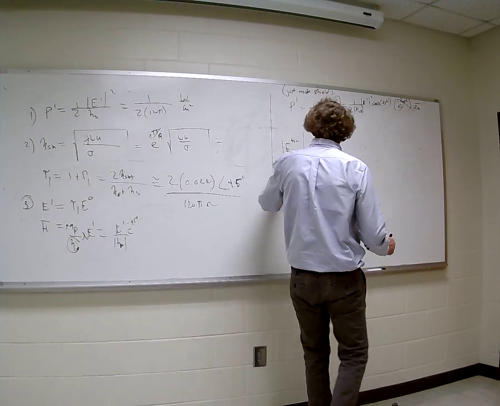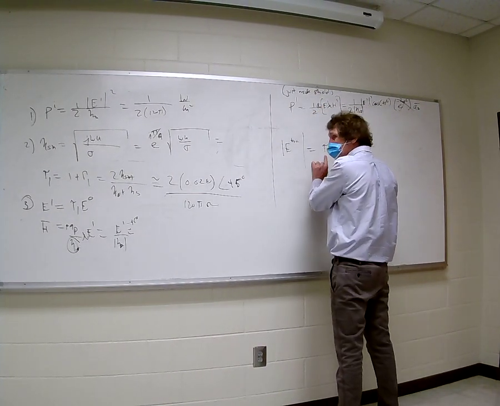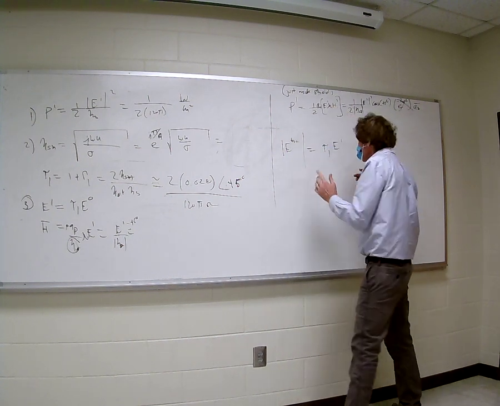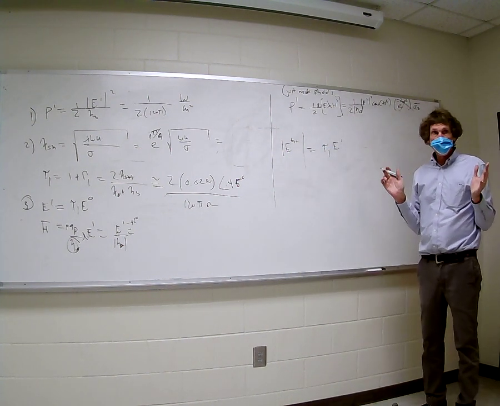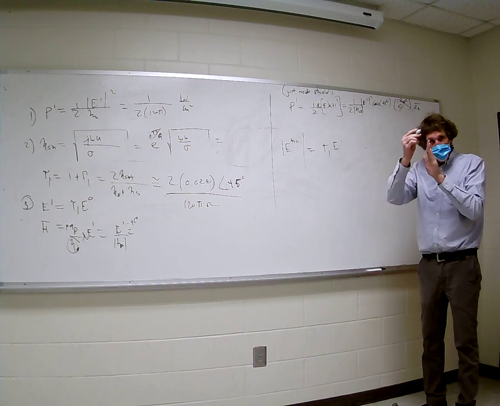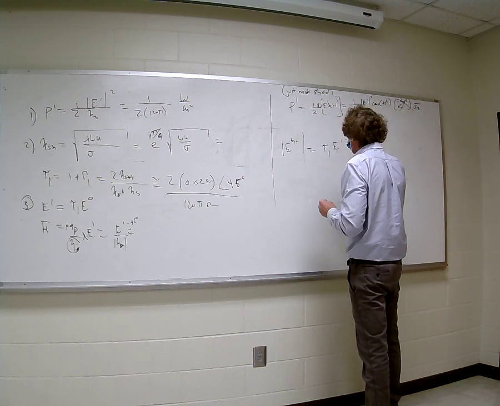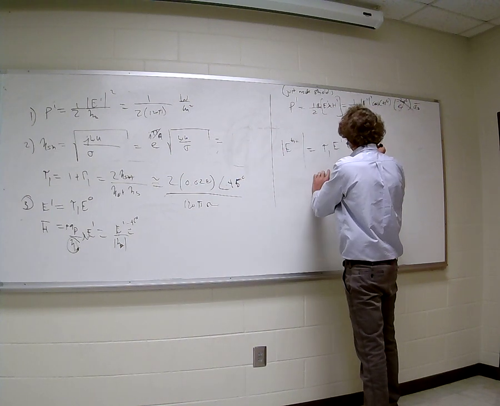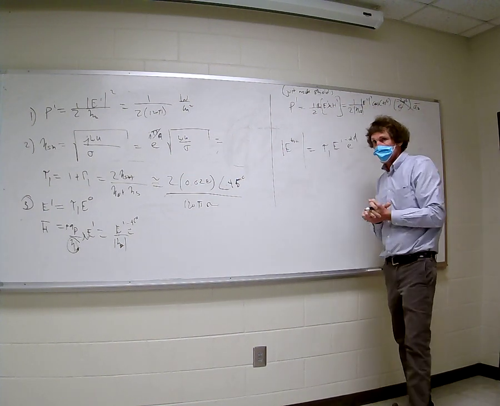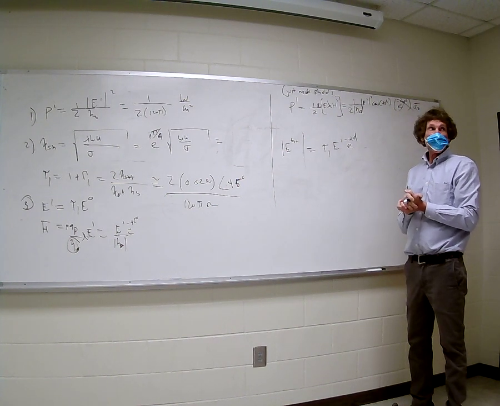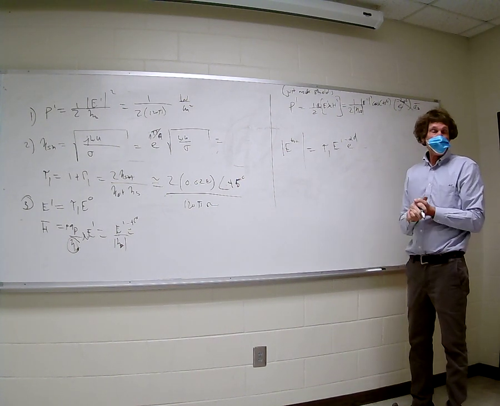So, if I want the transmitted E field, I take the transmission coefficient of region 1 times the incident E field magnitude. Do you all agree with that? Then, as it's going through, it's decaying, so you have to put e to the minus alpha z. Well, z in that case would be just d, isn't it? That's how thick it is. Are you with me on this? That's the attenuation the electric field would have.